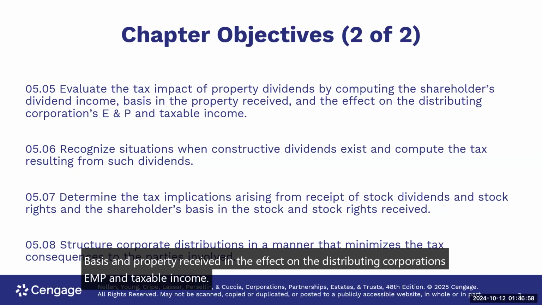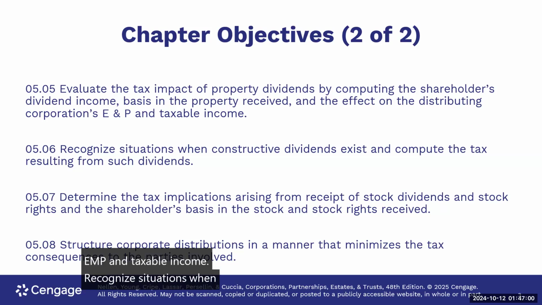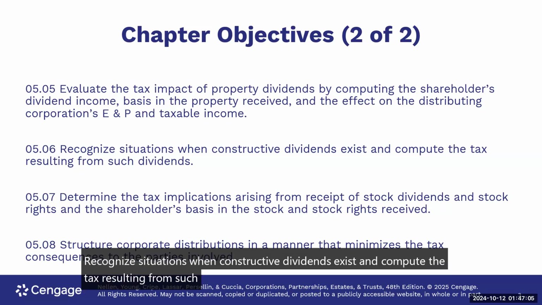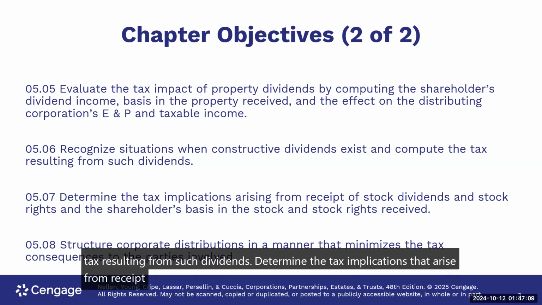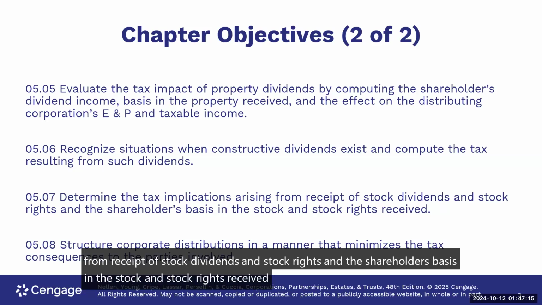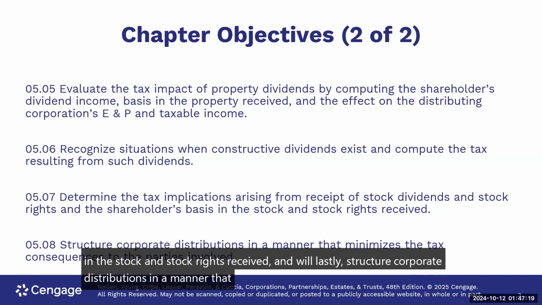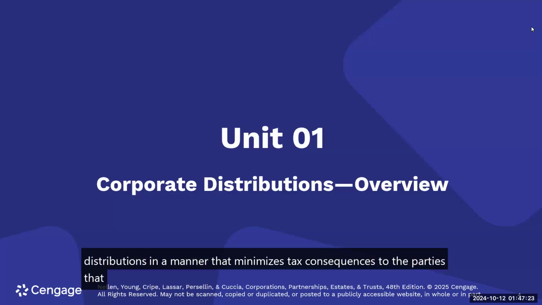Recognize situations when constructive dividends exist and compute the tax resulting from such dividends. Determine the tax implications that arise from receipt of stock dividends and stock rights and the shareholders' basis in the stock and stock rights received. And lastly, structure corporate distributions in a manner that minimizes tax consequences to the parties that are involved.